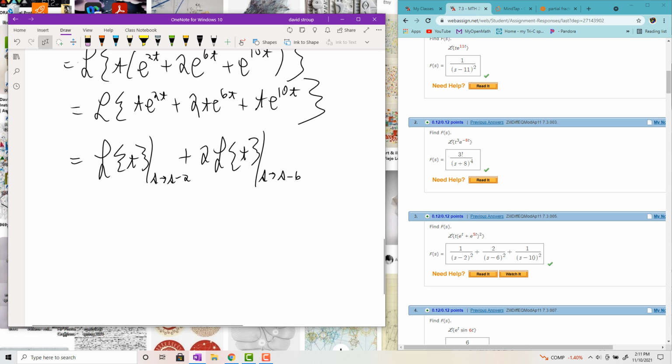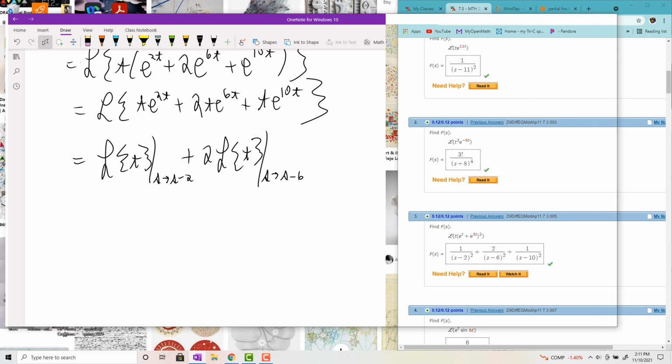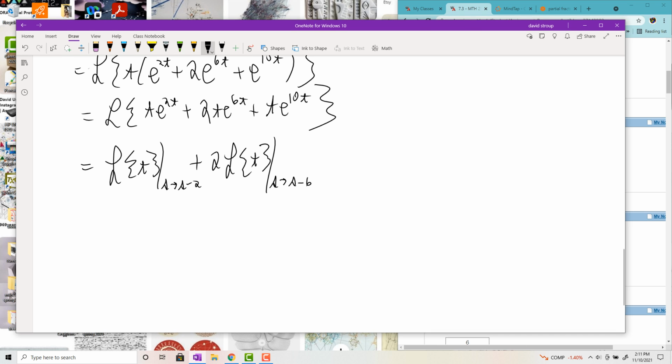That minus 6 is based off the exponent. If you see an e to the 6t, the shift is going to be s minus 6, and then plus Laplace again of t, and the shift here is s to s minus 10.